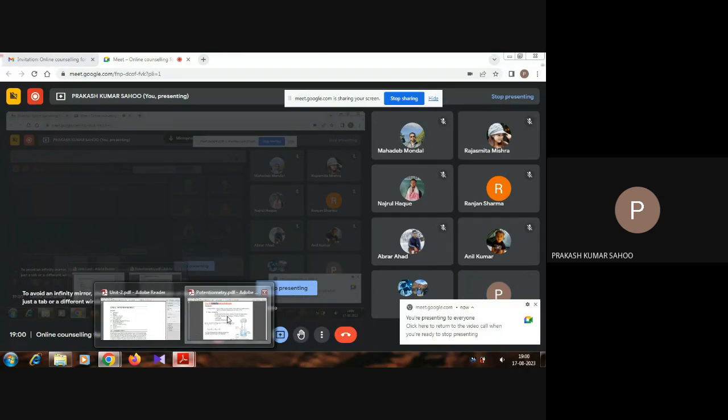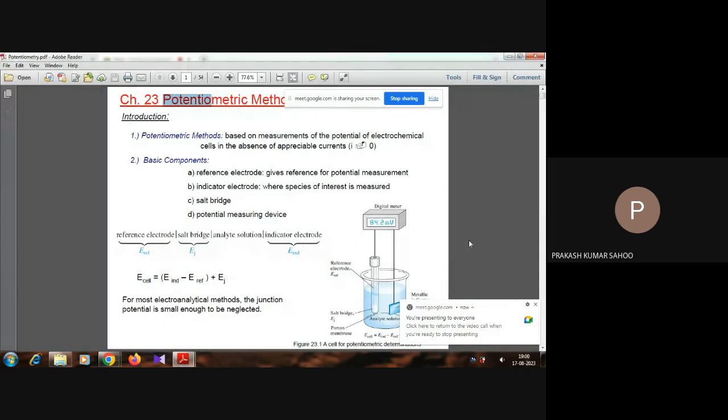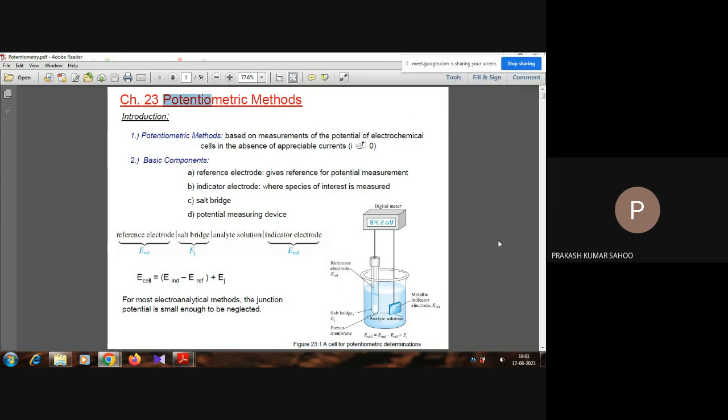So in the potentiometric methods, we have the indicator or reference electrodes, which are used to measure the difference in potential, and we also have the second type of potentiometric method, which involves potentiometric titration.